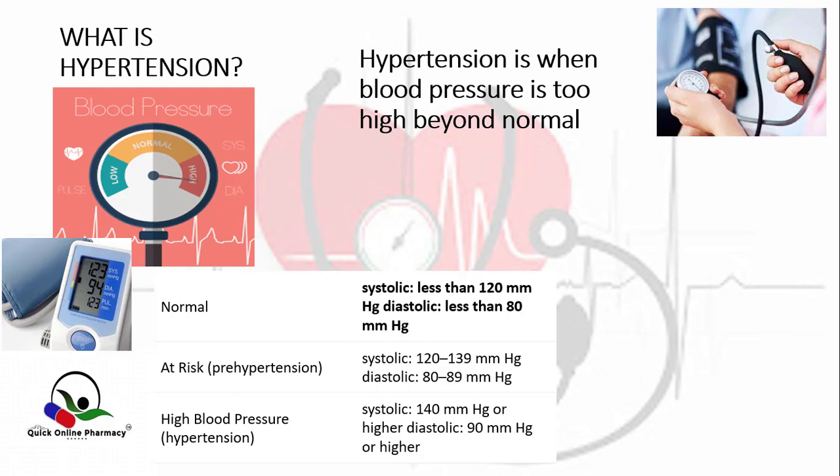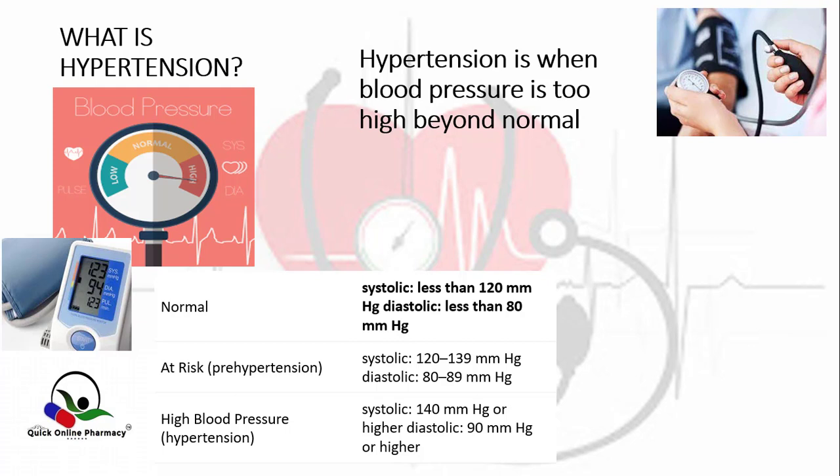For young children at home, in the preschool age, not yet going to school, the systolic blood pressure may be 95 to 110 millimeters of mercury, and the diastolic between 56 and 70. For school-going children, it may be between 97 and 112 for systolic, and the diastolic between 57 and 71 millimeters of mercury.